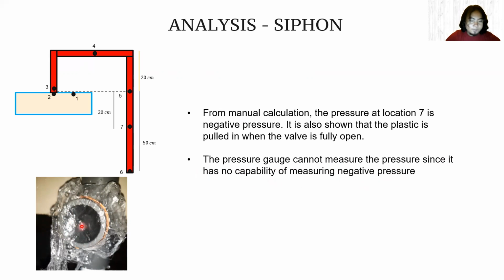If the plastic is pulled in, it means negative pressure, and if the plastic is pulled out, it means positive pressure. Since from the manual calculation we got a negative pressure, and by observation the plastic is pulled in, it is also negative pressure. So the analysis on the siphon is successfully conducted.